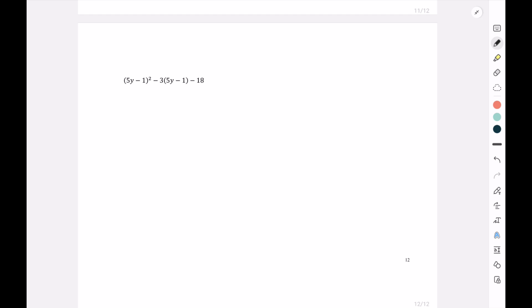So next we're given (5y minus 1) squared minus 3 times (5y minus 1) minus 18. And so we could let m equal 5y minus 1, and so m squared would equal (5y minus 1) squared. So we would have m squared minus 3m minus 18.